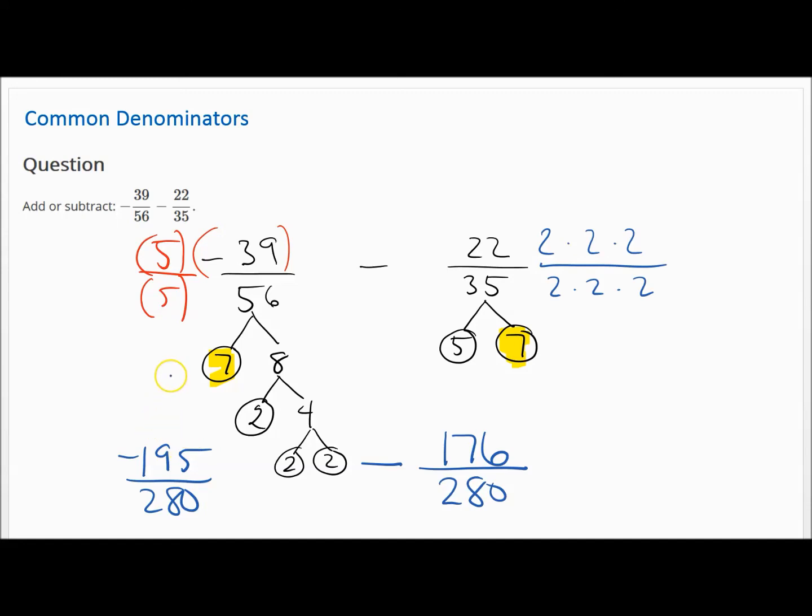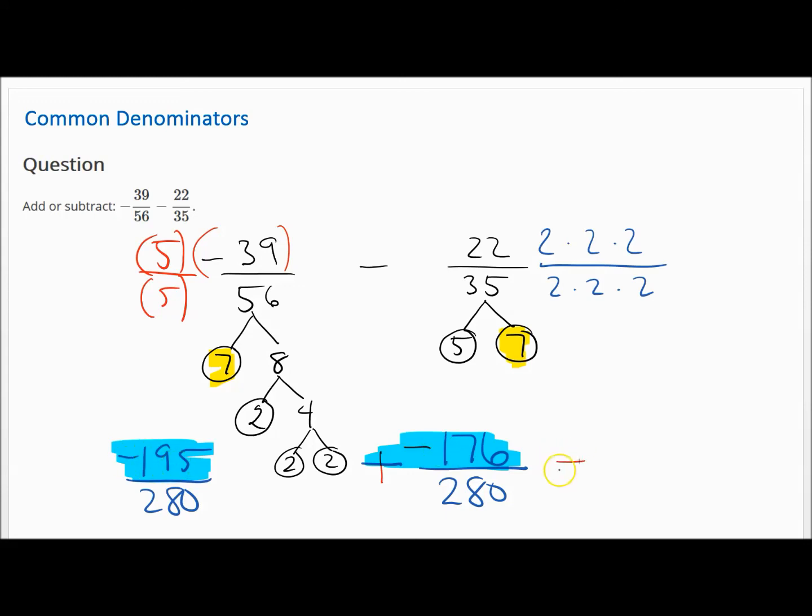Now, what do we do? So I've got negative 195. So I'm adding negative 195 to a negative 176. You remember, you're thinking, why is she saying add? It's a subtraction problem. Remember, you can change subtraction to addition and change the sign of the next number. And since I'm adding two negatives together, the answer stays negative.